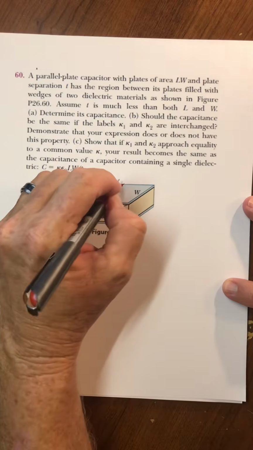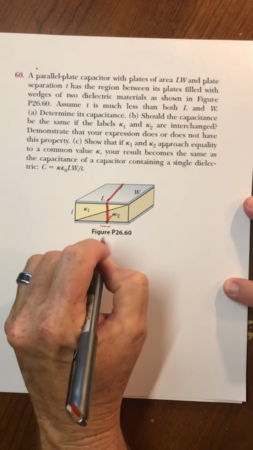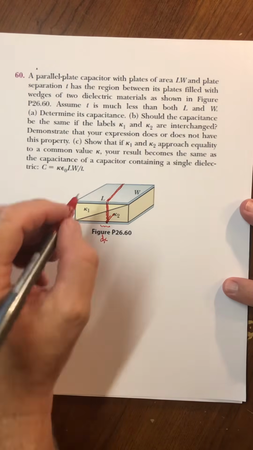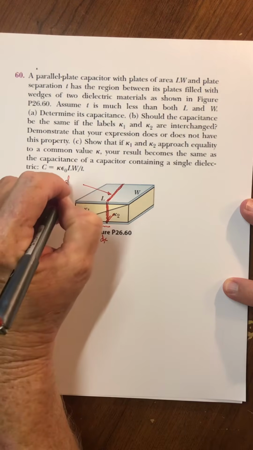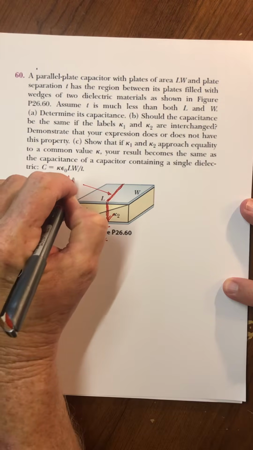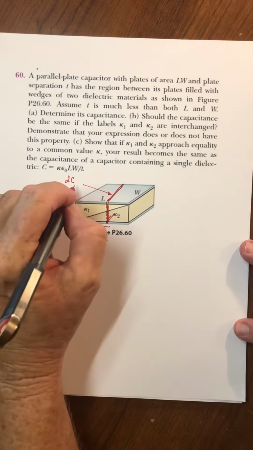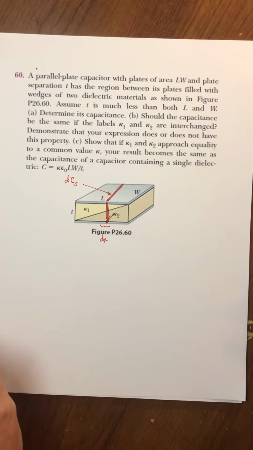And so this microscopic strip here, we might say has a length of dx. And it makes then a capacitance of maybe we'll say dc. Actually, let me call it dc sub s. You'll see the s here in a second.